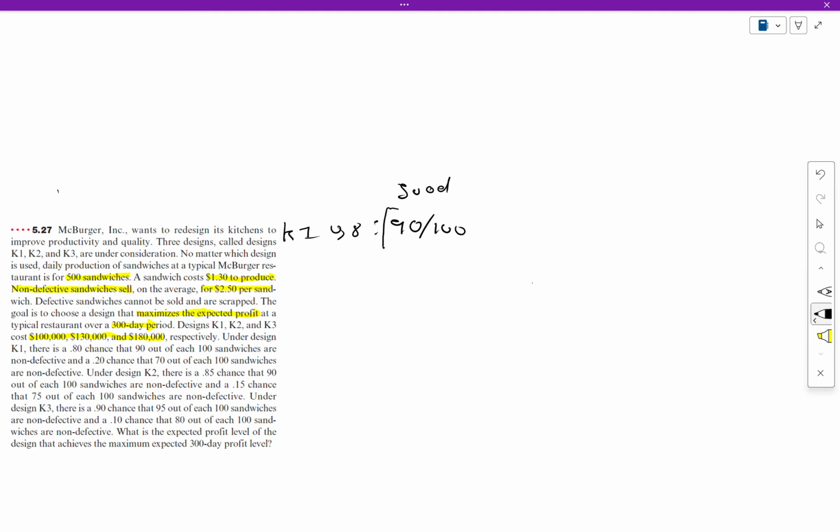So I want us to immediately notice that 10 is going to be considered bad.